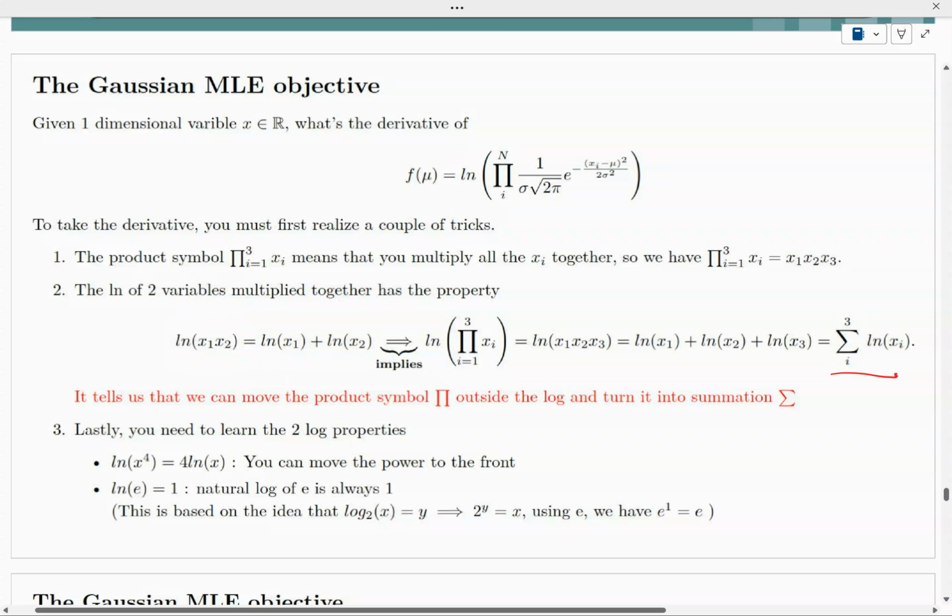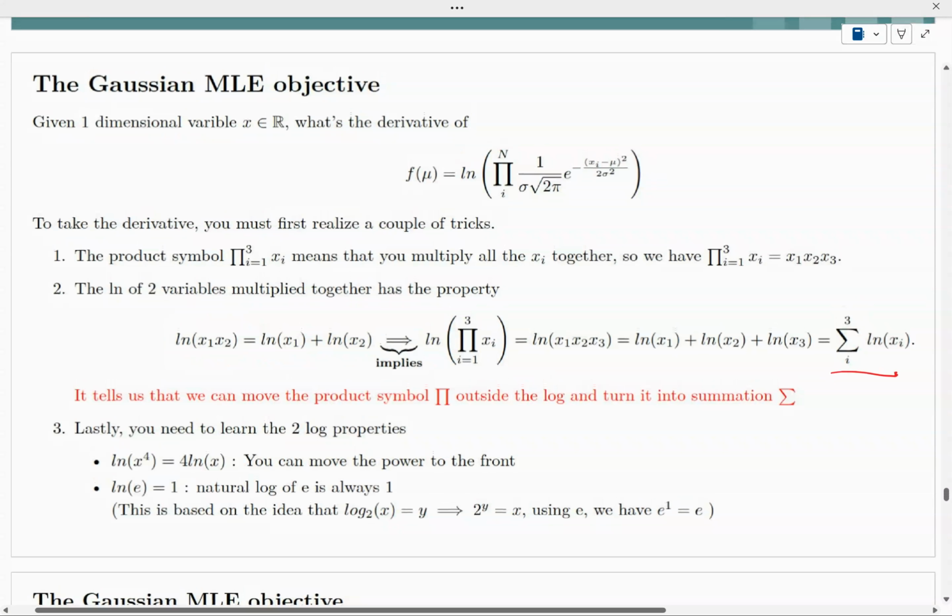Okay? And lastly, you need to learn two more properties. One is if you have a log with some power, this is equivalent to moving the power to the front, like this 4. And the second one is log of e is equal to 1. Okay? This is based on the definition of how log works. Okay?